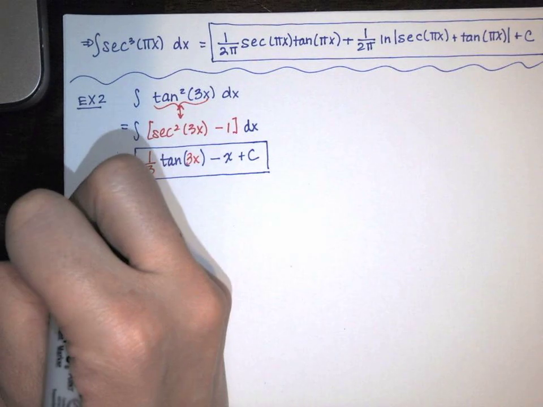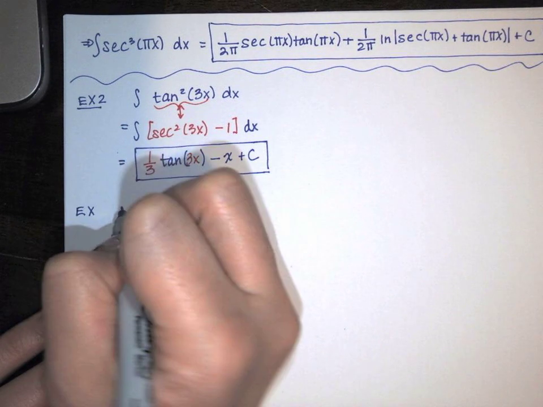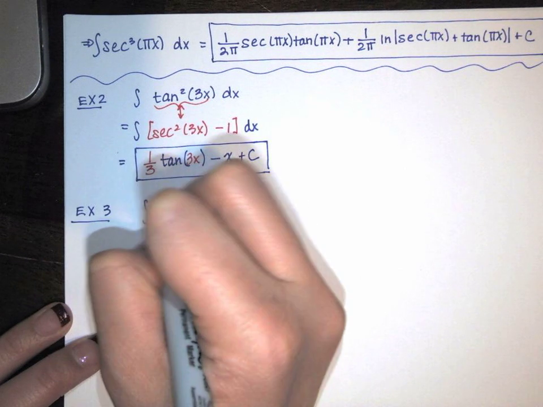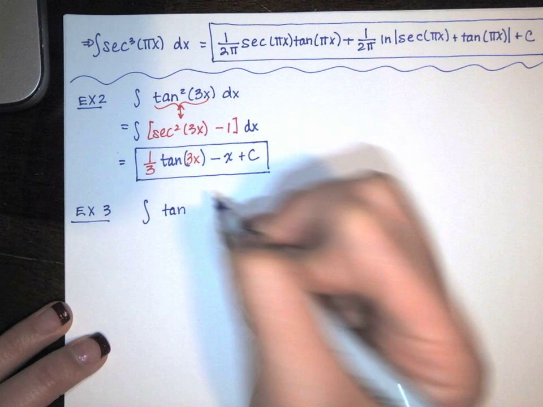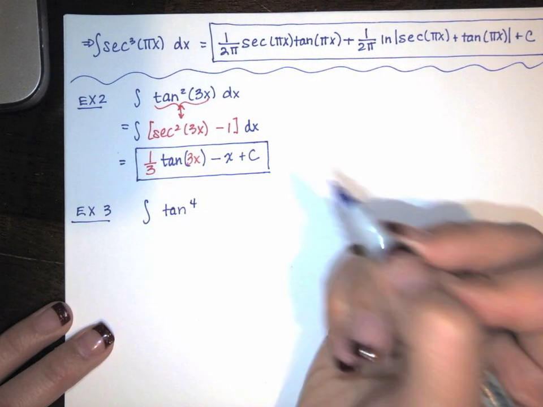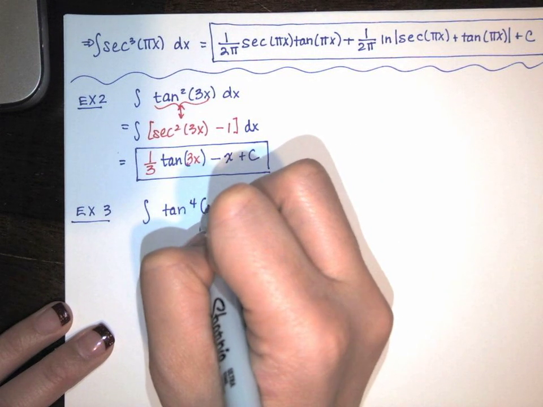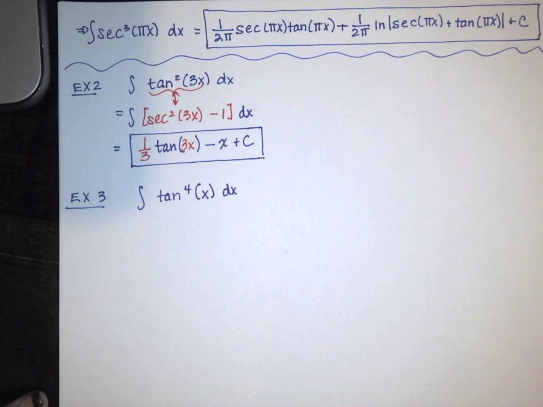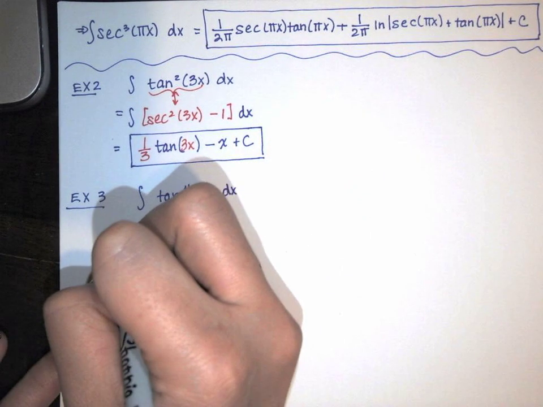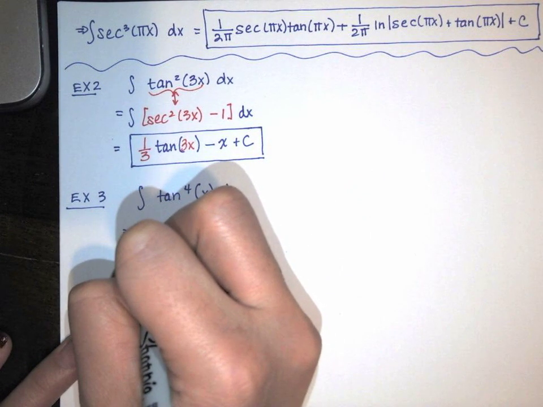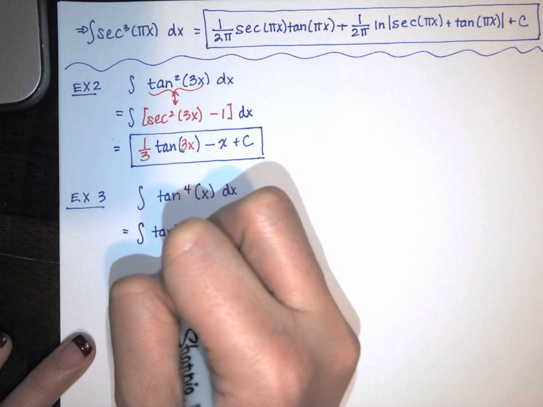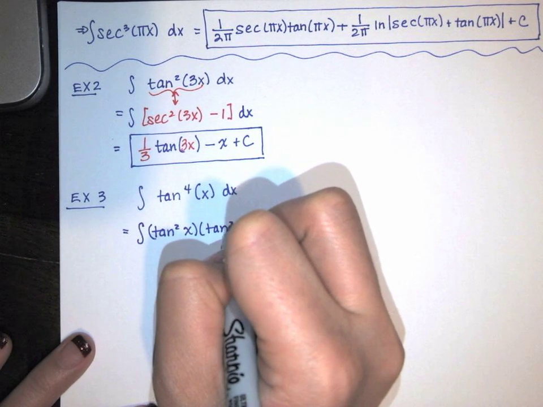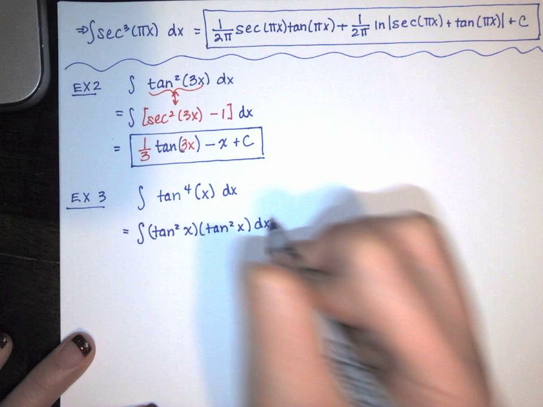I guess the question is, looking at even powers of tangent, what if it's tangent to the 4th? And to simplify things, I'm just going to make that an x this time. Let's make it nice and simple. Well, our guideline tells us factor out one of those tangents. So you've got tangent squared x times tangent squared x dx.